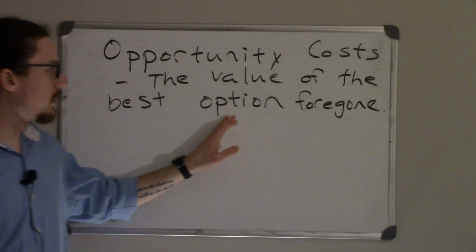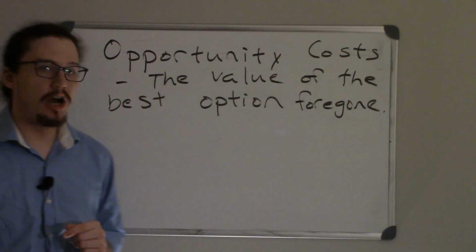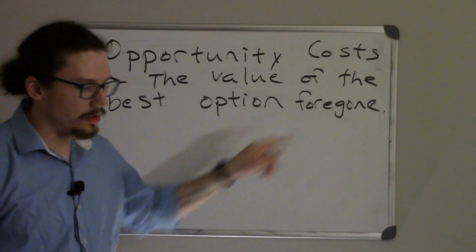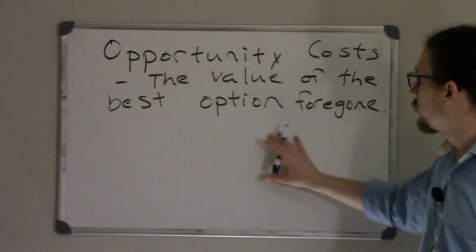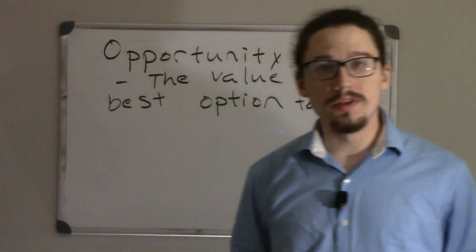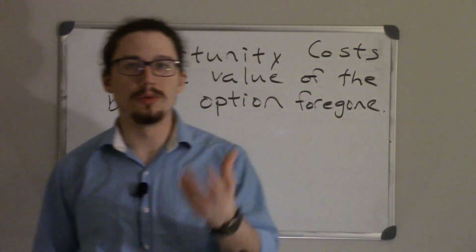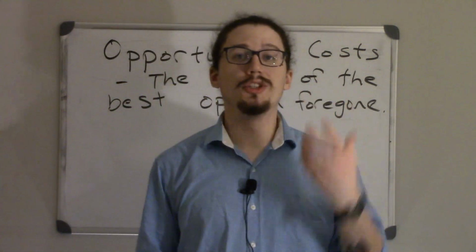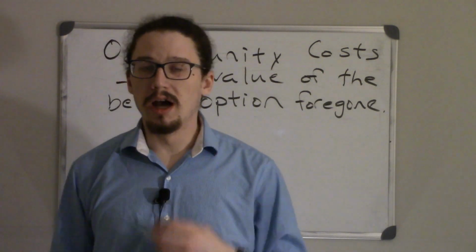So the opportunity cost is the value of the best option foregone. And I'm not 100% sure I spelled foregone right, but that's okay. All right, so those are the opportunity costs. So it's not the value of all the things that you are giving up to pursue one activity or to pursue the production of one good. It's just the value of the best option lost.